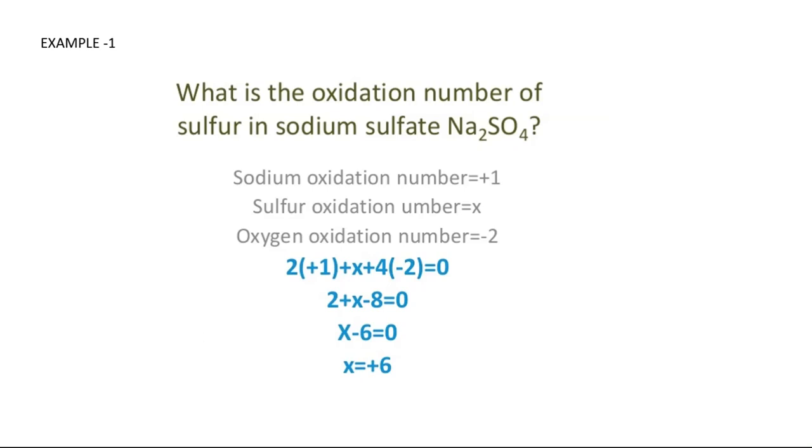So sodium, how many atoms are there? 2 atoms. So 2 into +1 plus X, oxidation state of sulfur, that we are going to find, plus 4 into oxidation state of oxygen -2 equals 0. That is 2 plus X minus 8 equals 0. So X equal to 6, that is +6. So oxidation state of sulfur in sodium sulfate is +6.